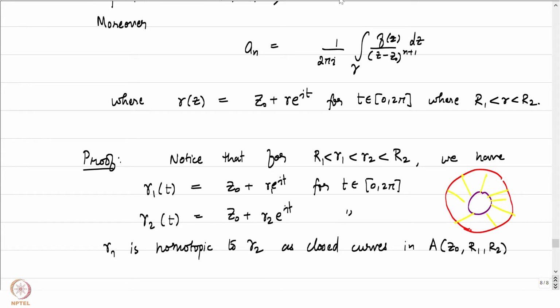In this region, if you take any two circles centered at z0, say this is r1 and say the orange one is small r2. These are all circles centered at z0. What this tells us is that through the dark green straight line homotopy, these two curves are going to be homotopic to each other.